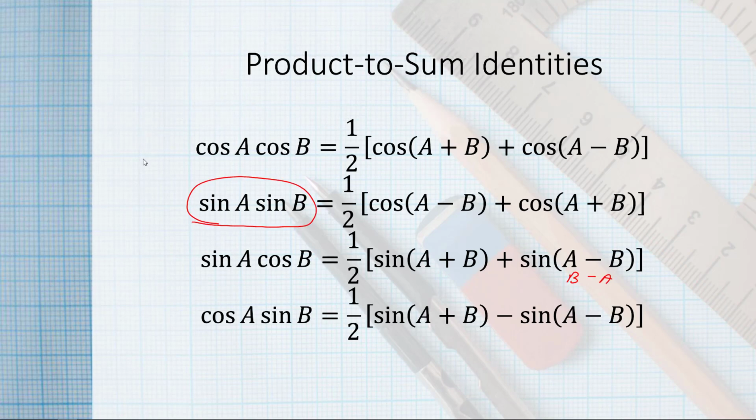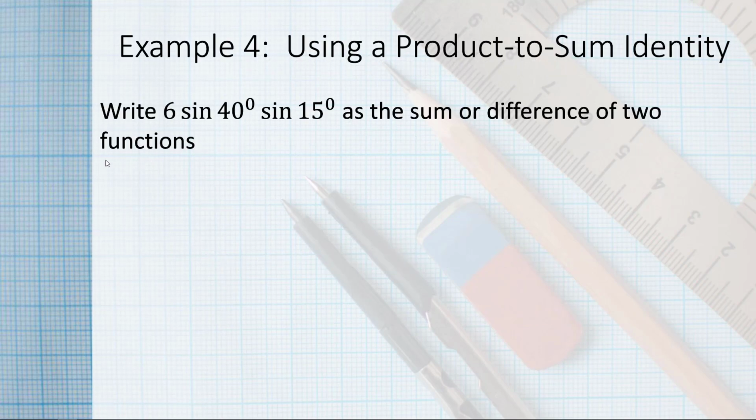So we are going to write this as 6 times 1/2 the cosine of the difference of the two angles, which will be 40 minus 15, minus cosine the sum of the two angles, which will be 40 plus 15.